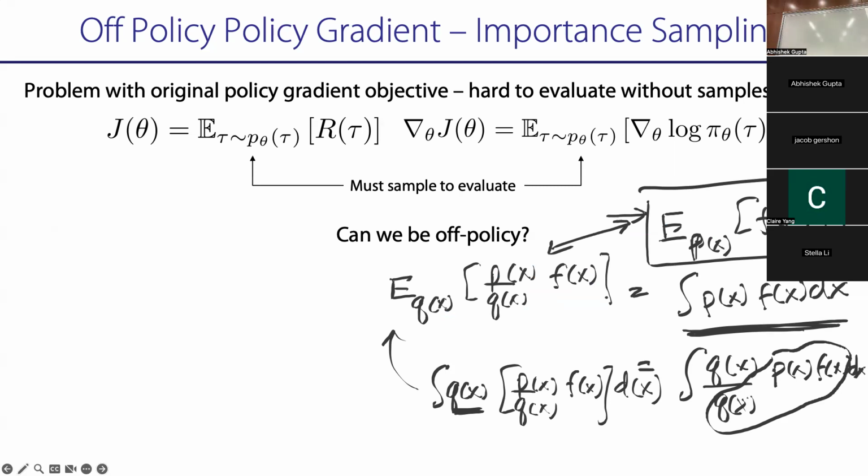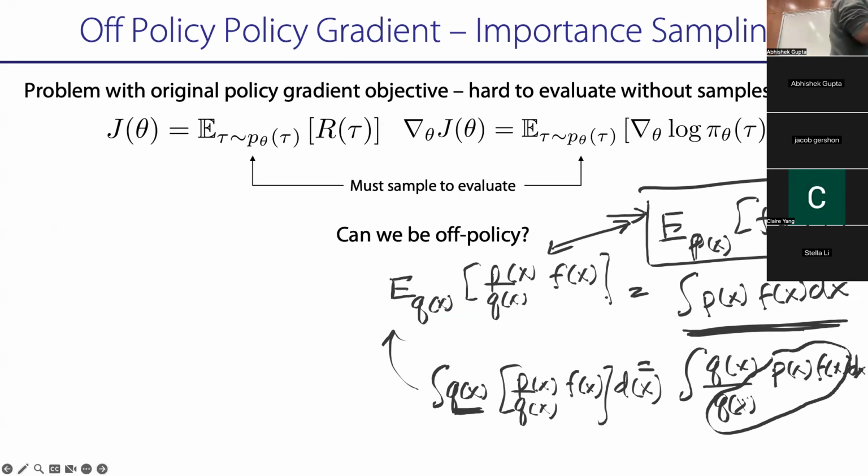We started this expectation with samples from P. But now I'm allowing it to evaluate the same expectation under samples from Q. So intuitively, you get samples from Q, but you reweight each sample by the ratio between P and Q. You can think of it as reweighting. I'm going to take samples under Q, reweight them by P over Q, and then take the expectation of the reweighted f.